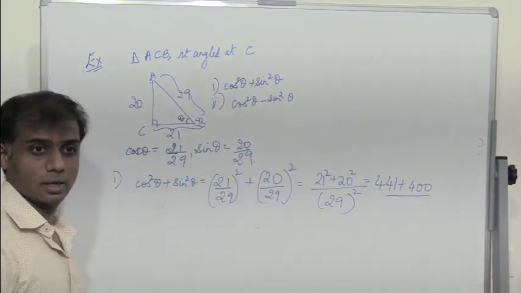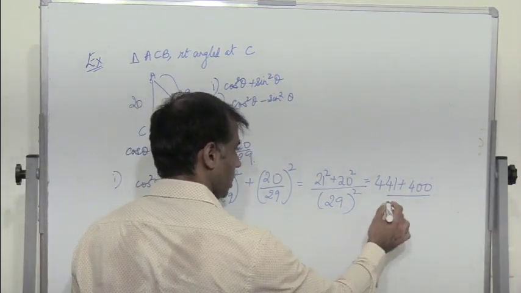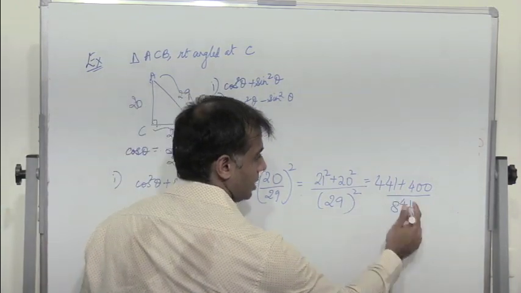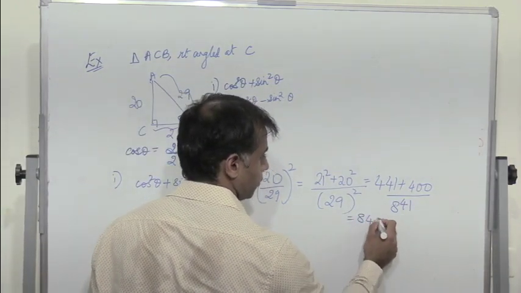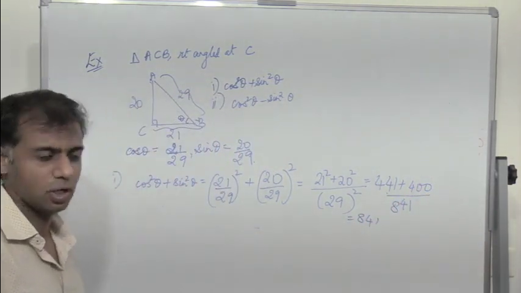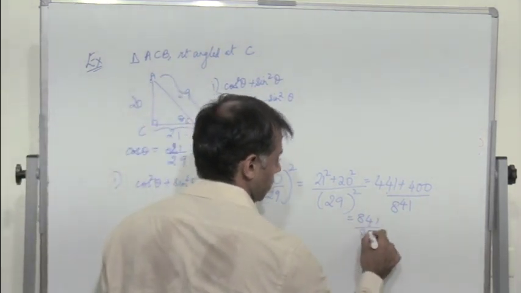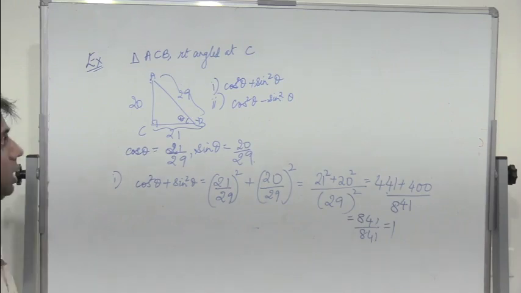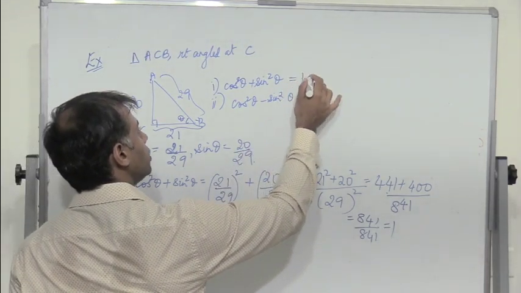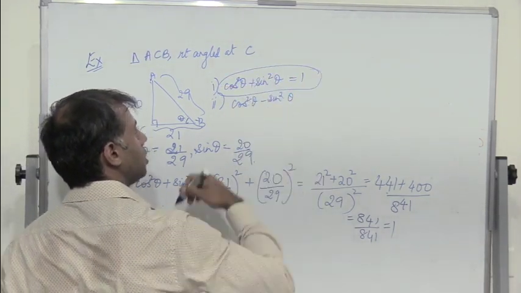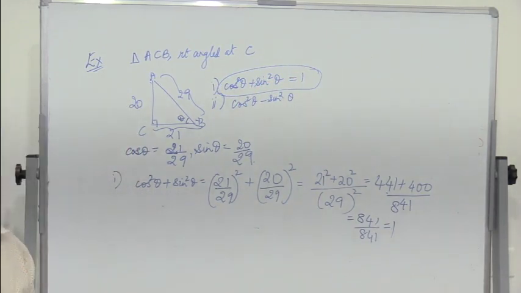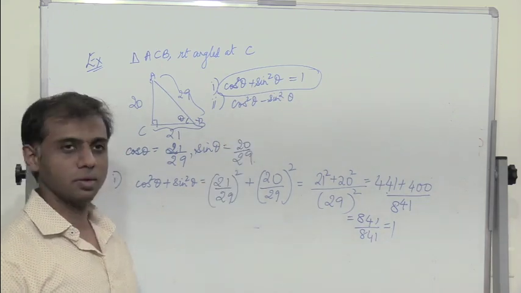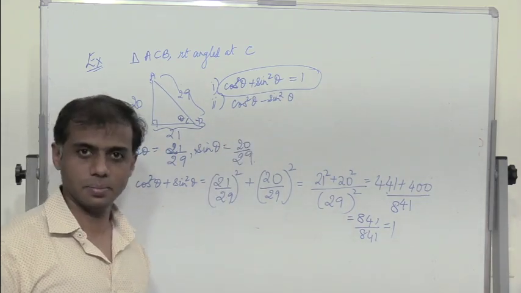And 29 square, you can multiply and check, you would get 841. So you add these two, 441 plus 400 is 841, divided by 841 equals 1. So this is a very important relation, which is always true. Cos square theta plus sin square theta is equal to 1. Okay, so this is a very important relation and we have proved it by an example.